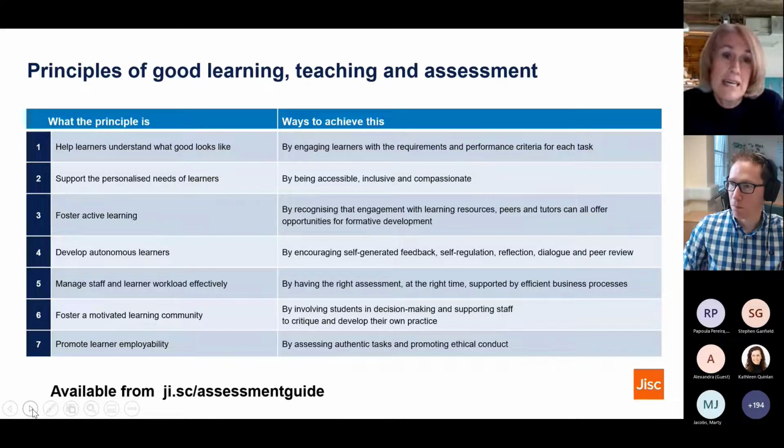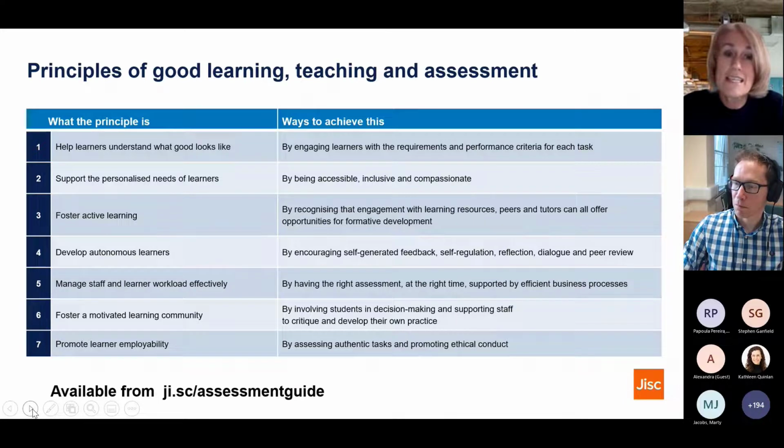And we can see there that those principles not just echo good practice for assessment, but should be the aspiration of what we see around good learning and teaching practice as well. Now, I will pick out a few of those principles just to give you a few examples where we can see those highlighted in action in universities.